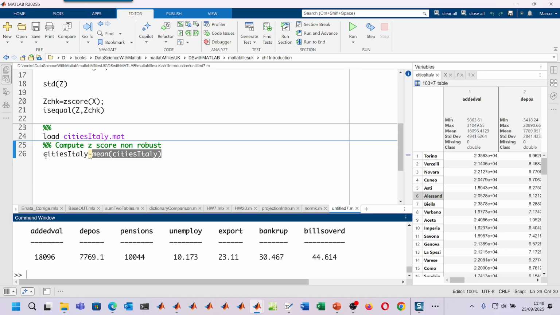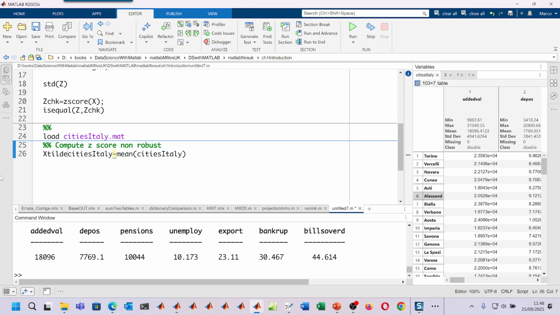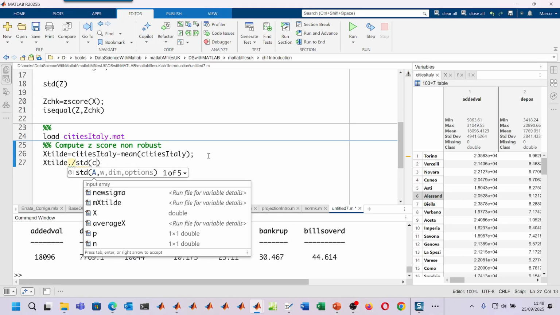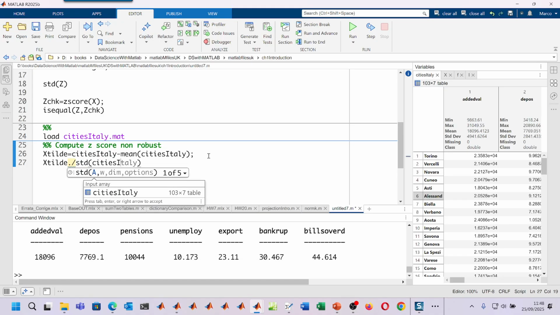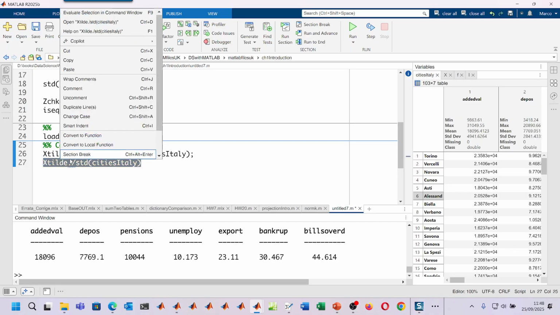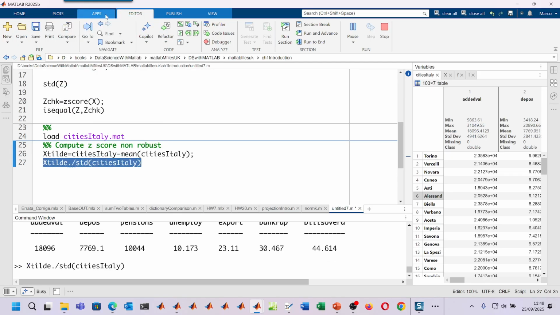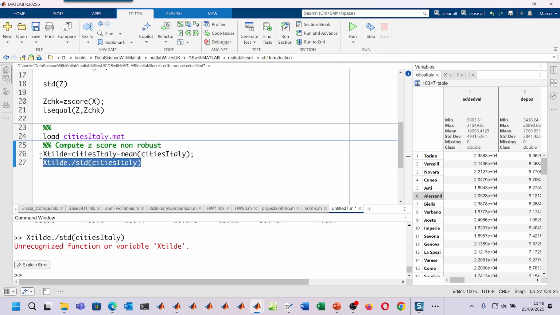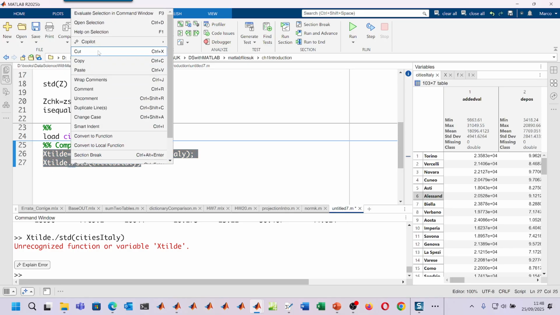And so this is, let us say, x tilde. Now, if I do x tilde divided by std of Cities Italy, it works. X tilde unrecognized, okay.